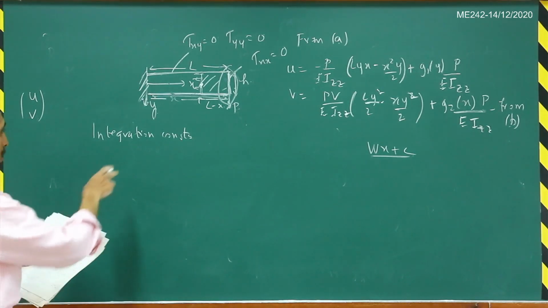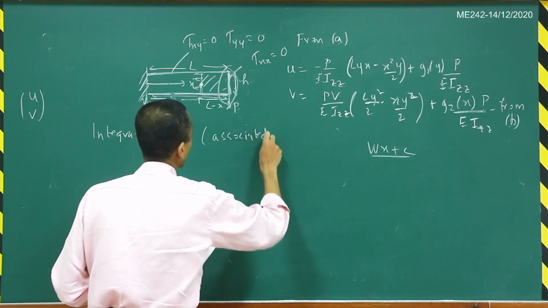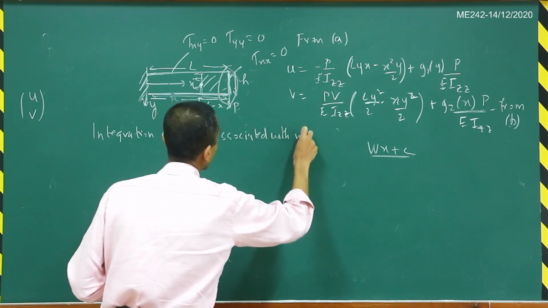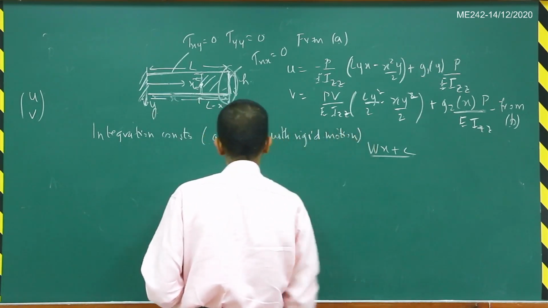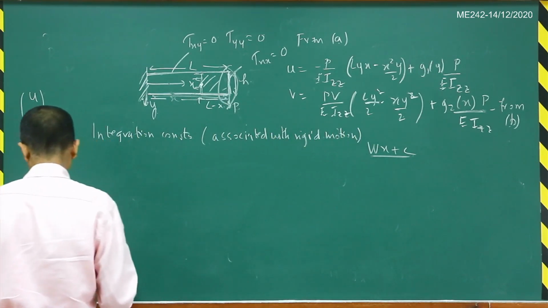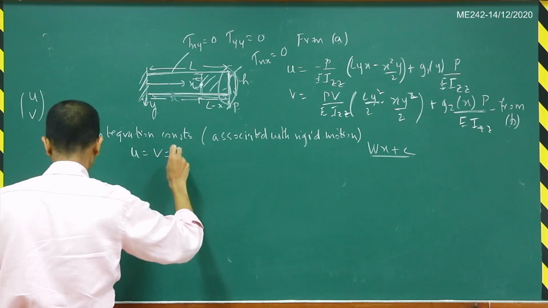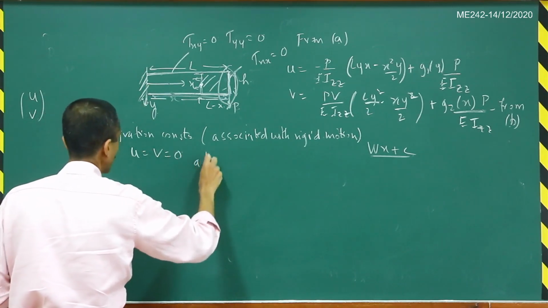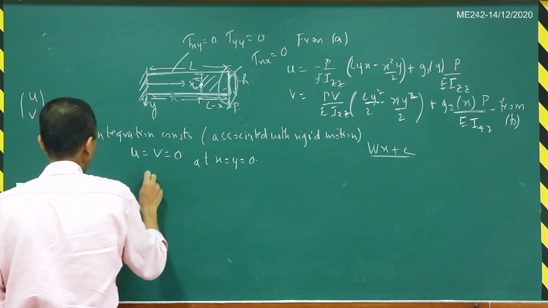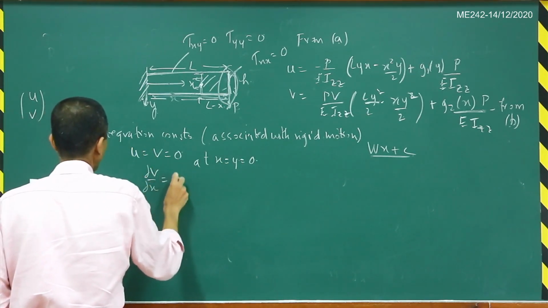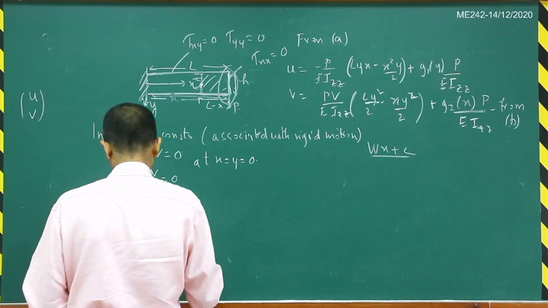So these integration constants associated with the rigid motion are found using, let's say, u equal to v equal to 0 at x equal to y equal to 0, and del v by del x equal to 0 at x equal to y equal to 0.